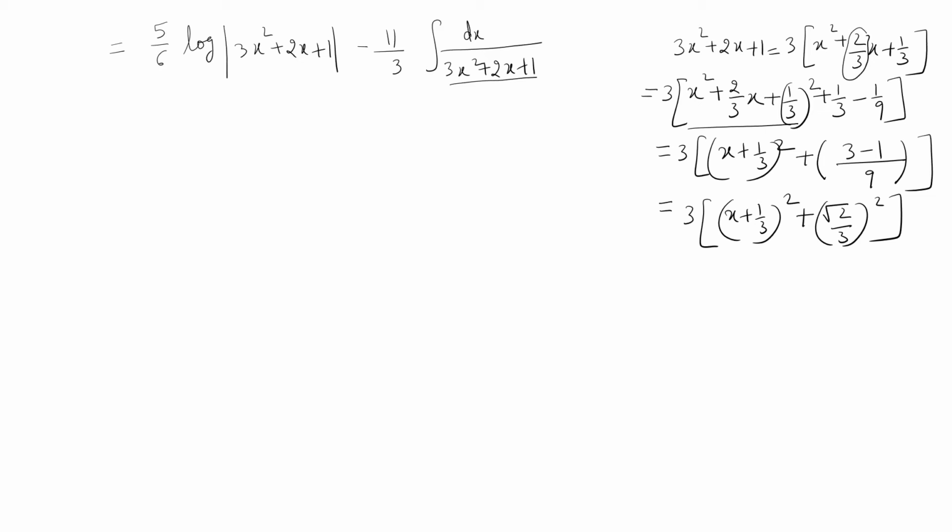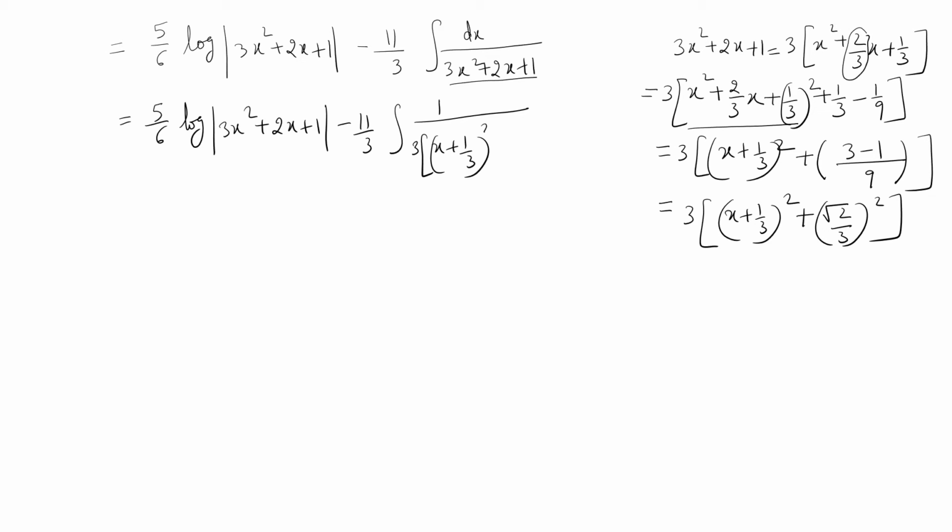So it is 5 by 6 log mod 3x square plus 2x plus 1 minus 11 by 3 times 1 upon 3 times x plus 1 by 3 whole square plus root 2 by 3 whole square, and this is dx.